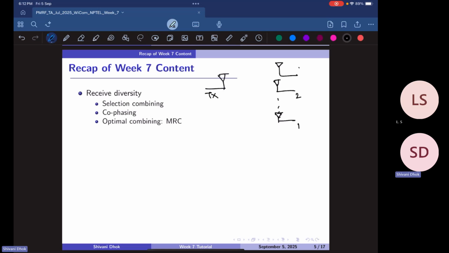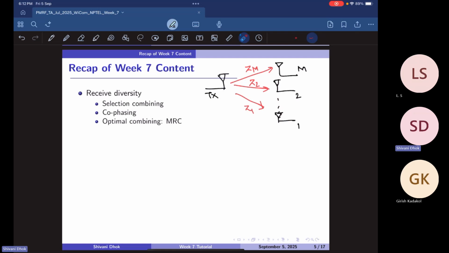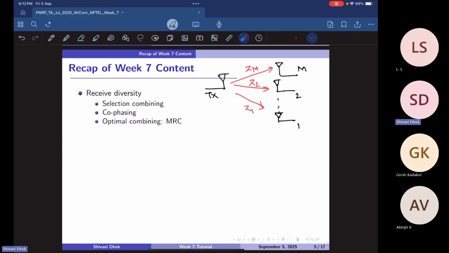You have some M number of antennas at the receiver side, and you have the channels between them, z1, and so on, zM. And now you will be receiving the same signal at different antennas. Now how to combine that at the receiver end, that's what is known as diversity.